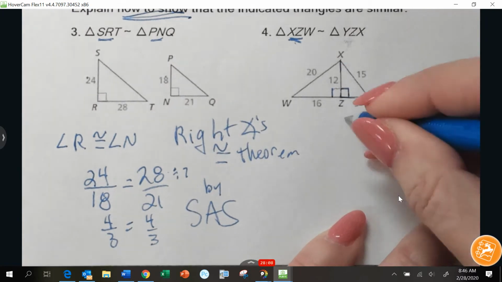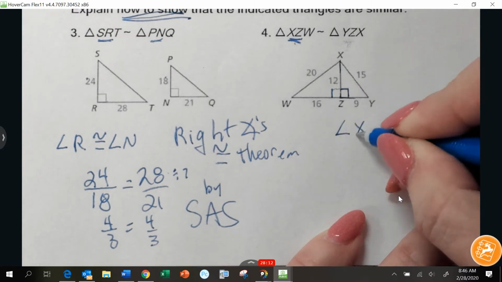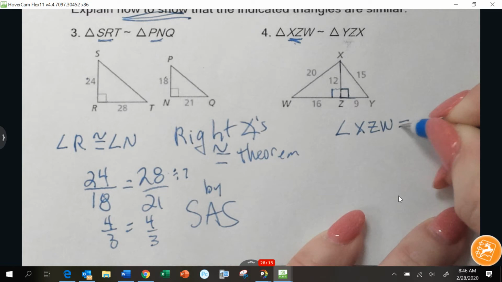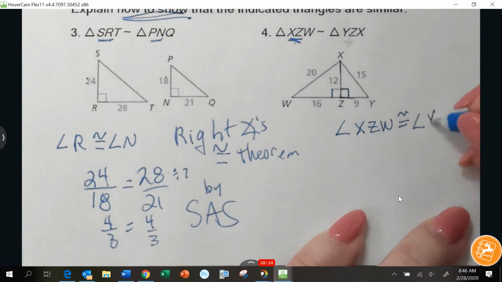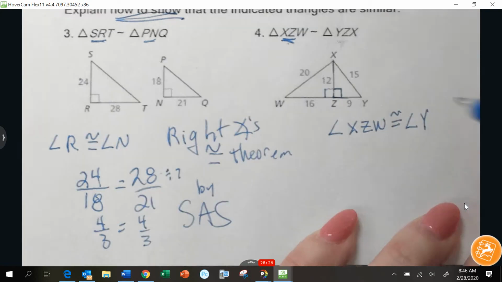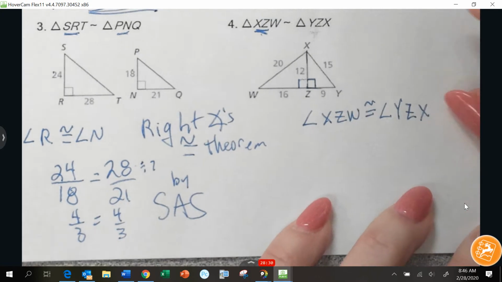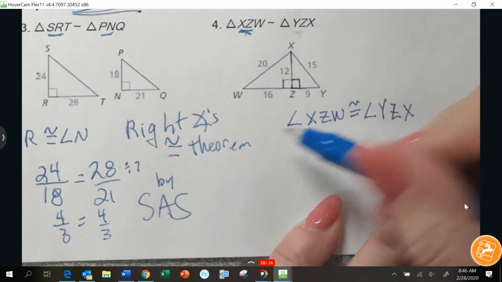So let me see what she said again. XZW is congruent to angle, what was, so I'm going to write YZX because we want the corresponding ones to stay together. It's the same angle, but, and why are they congruent? It's right here.